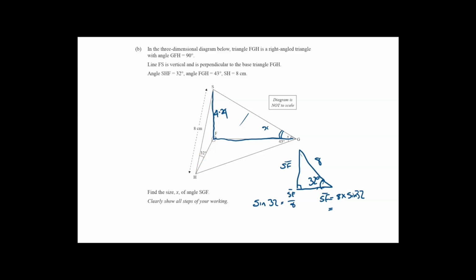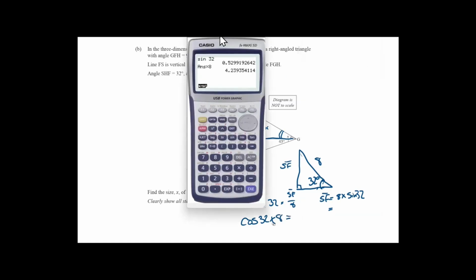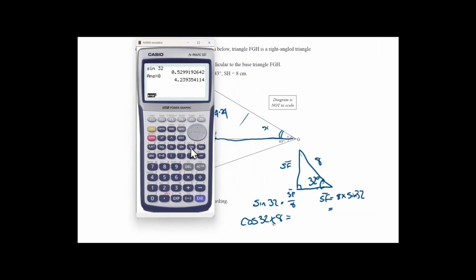This one is the other side, so it's kind of the converse of that. Instead of sine 32 times 8, it's going to be cosine of 32 times 8. We grab our trusty old calculator. Cosine of 32, I always do this separately on these Casio calculators, and multiply that by 8. So 6.78.